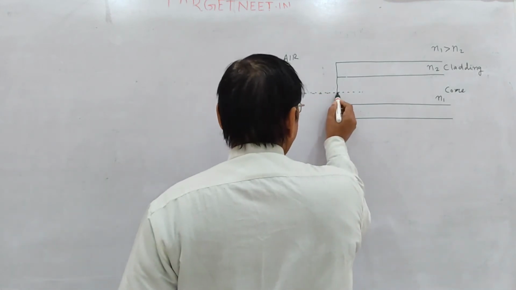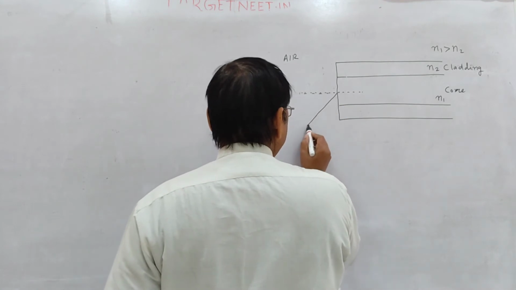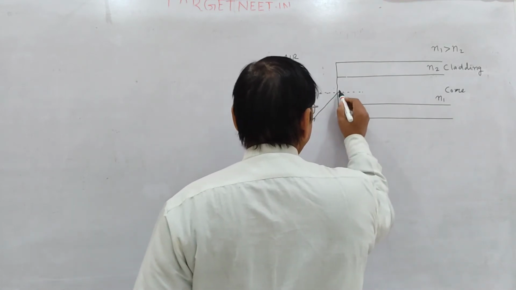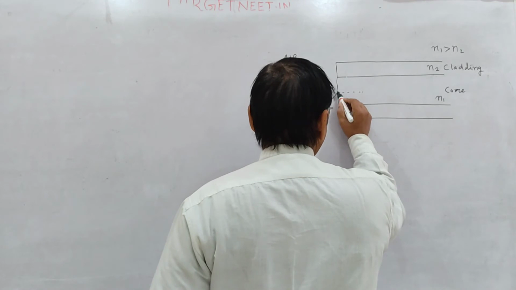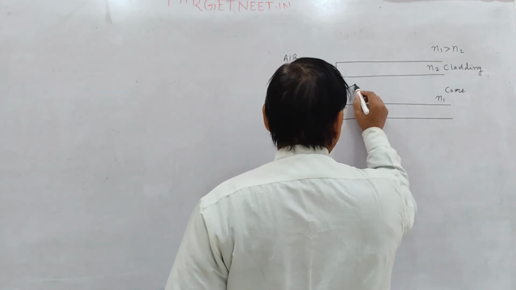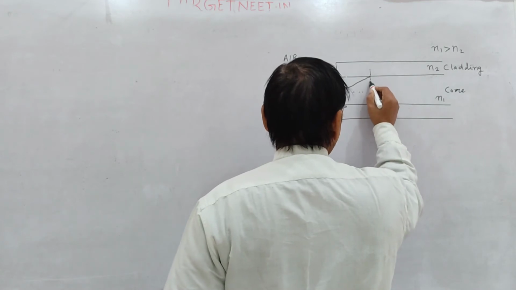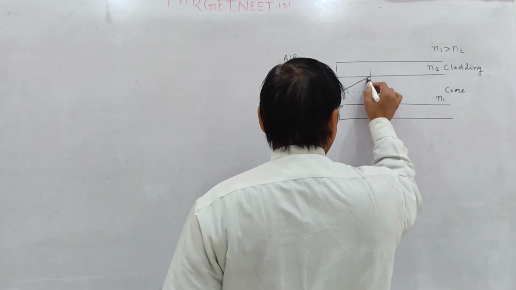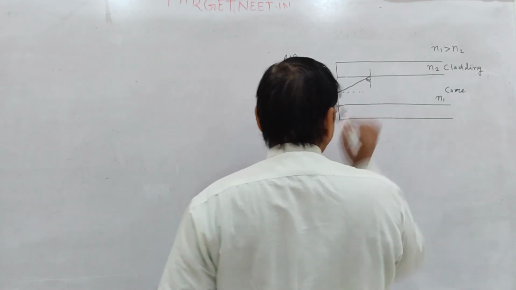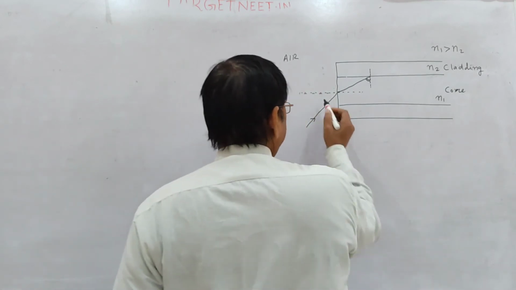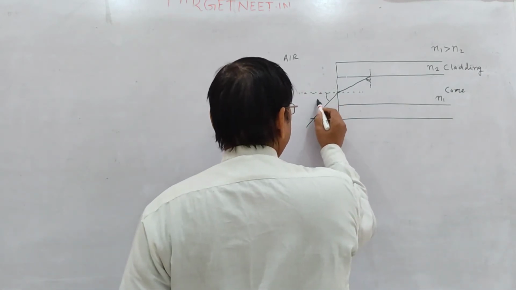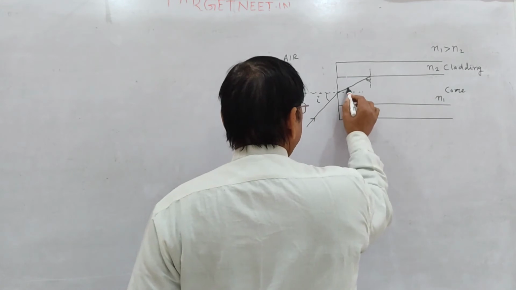If I make light incident on this, then after refraction it goes like this and gets incident at the core-cladding interface, and this will be the angle of incidence here. If this is the angle of incidence, this is the angle of refraction.